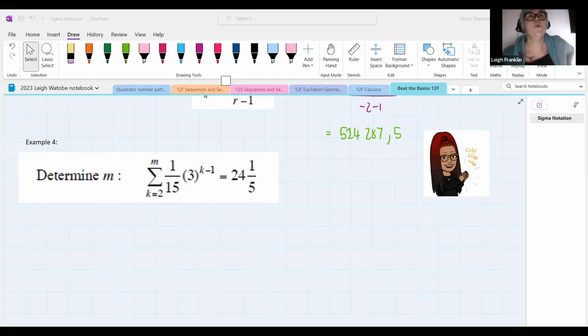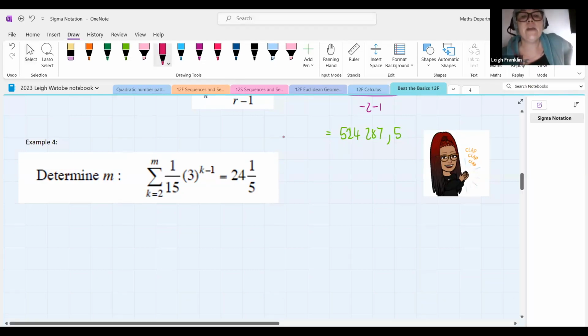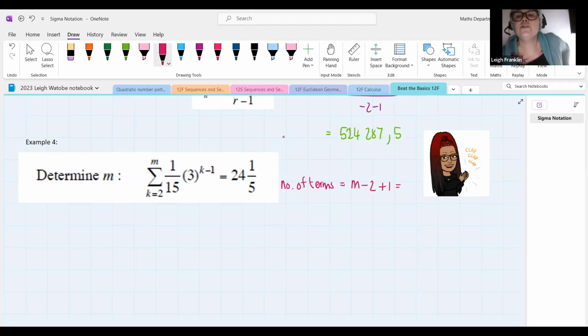If we wanted to know the number of terms in this series, we could calculate the number of terms by taking the number at the top, which is m, minus the number at the bottom, plus 1. So actually there are m minus 1 number of terms in this particular pattern. Hope you know where that comes from.